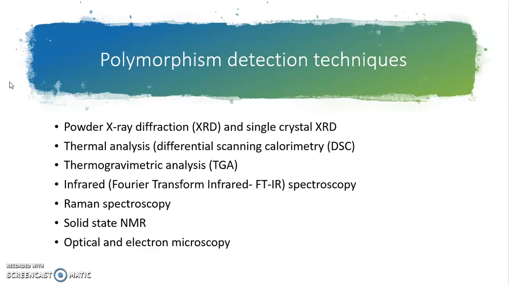Then scanning electron microscopy is a very useful method because it can determine the surface topography and the type of crystals and the crystal habit in polymorphism. So students, this is all about different detection techniques which can be used to study different polymorphs.